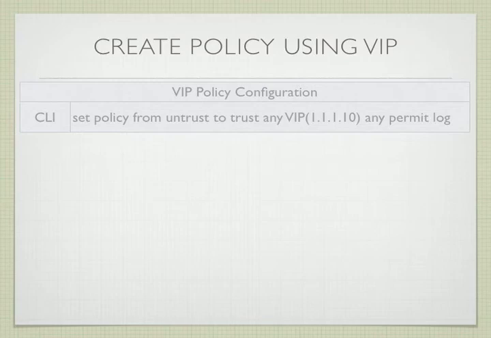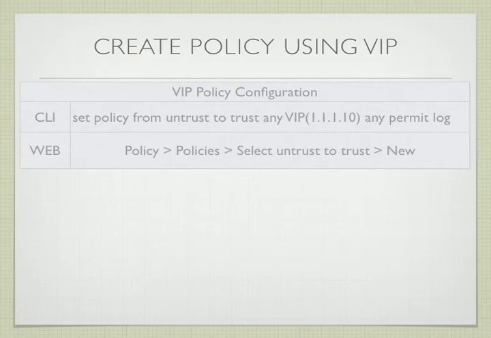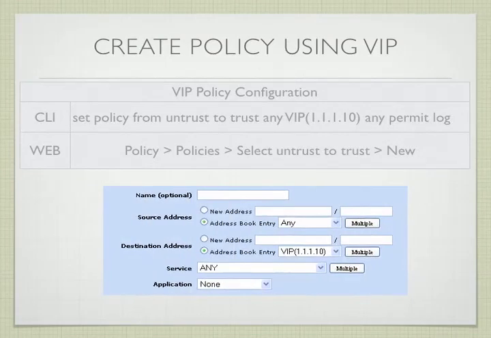And then in this case we have any service, but you can select service by service to allow this traffic. So we would say, FTP, HTTP, or HTTPS instead of any on the service there. On the web, this is still the same. You're going to select your untrust to trust and a new policy, and you're going to select that VIP as your address book entry, and you can narrow it to your service or select your multiple services here.